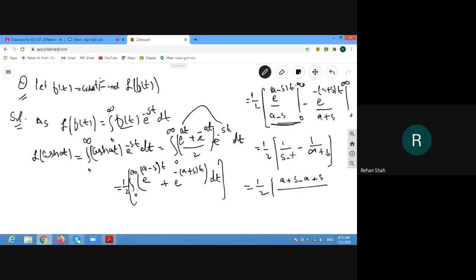So this will become s square minus a square in the denominator, and this a will cancel with this a, and the numerator will become 2s divided by 2. So this will become s divided by s square minus a square. So Laplace transform of cos hyperbolic at is a new formula, which is this one.